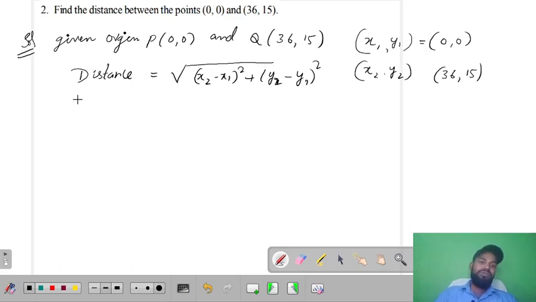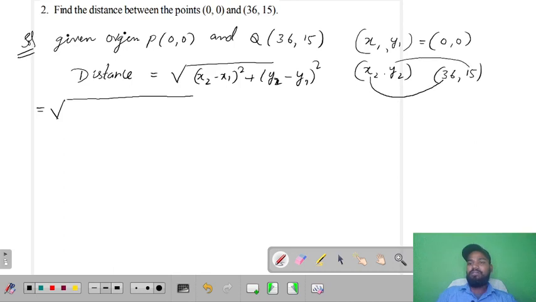Now just substitute in the formula. x2 is 36, 36 minus x1, 0, whole square plus y2, here y2 is 15, minus y1, 0, whole square.